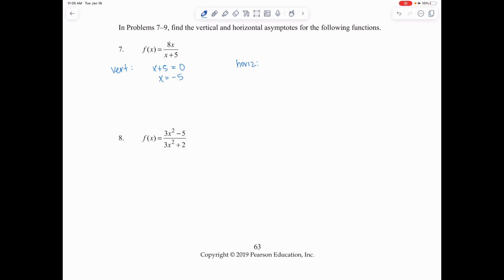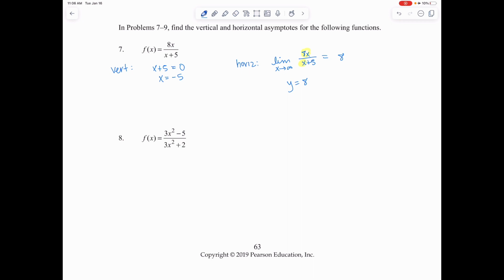So if we take the limit as x goes to infinity of 8x over x plus 5, our x's have the same power, which tells us we can follow the property and put the ratio of the coefficients, 8 over 1. So our horizontal is y equals 8. Those are our asymptotes.